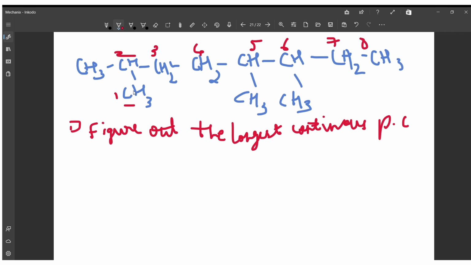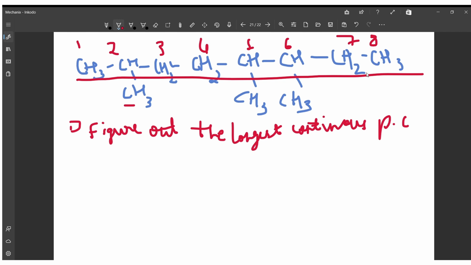So as you can see, there are a total of 8 carbons in this side chain that I've chosen. And if I go to the other possibility, that is from here, 1, 2, 3, 4, 5, 6, 7, and again we are having a chain of 8 carbons, linearly.